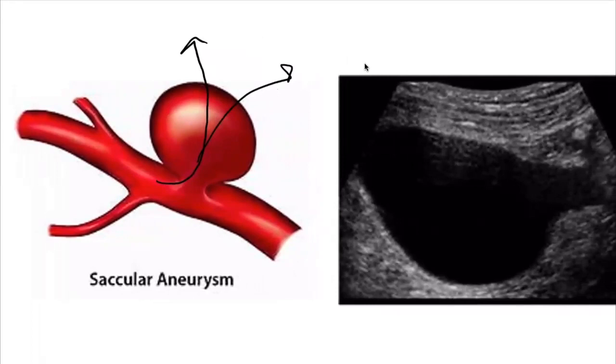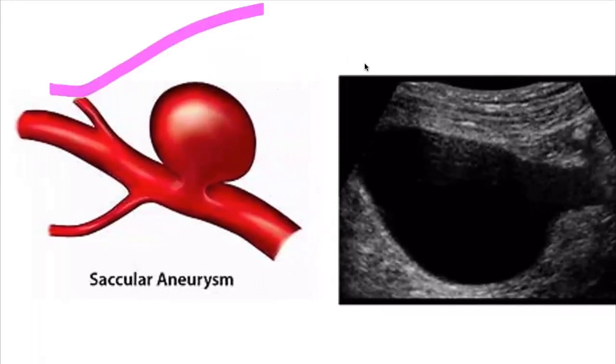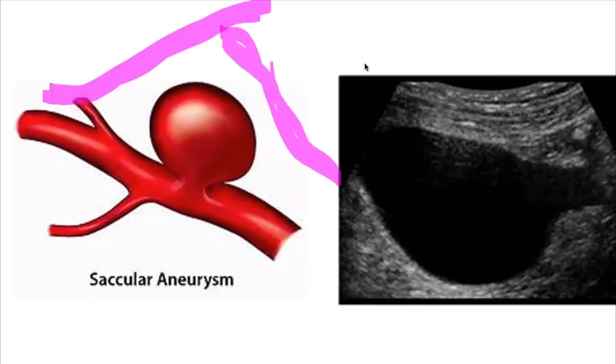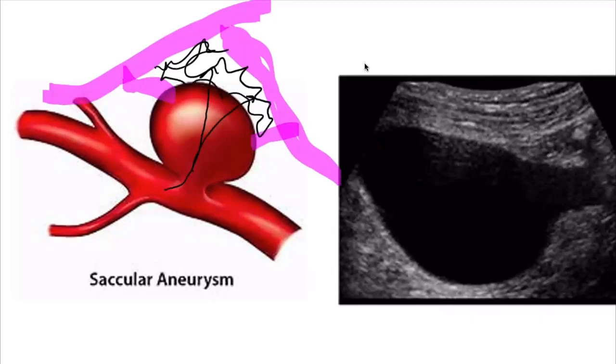Sometimes there's surrounding tissue. Let's say there's a piece of tissue here and another piece of tissue here, forming this little pouch. When blood spills out because it has ruptured, it's just going to fill in this little space. This space doesn't actually have a sac around it, but it looks like a little sac because all the blood is accumulating in one space.